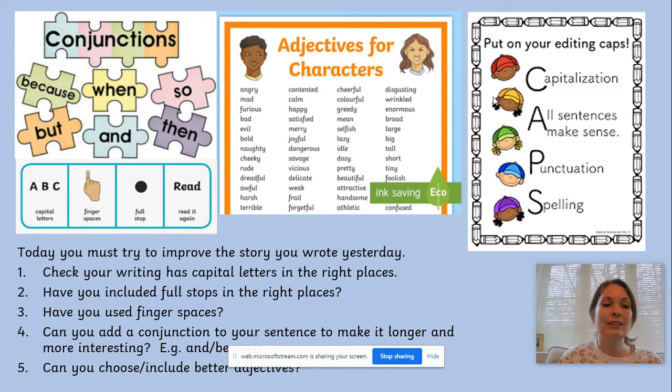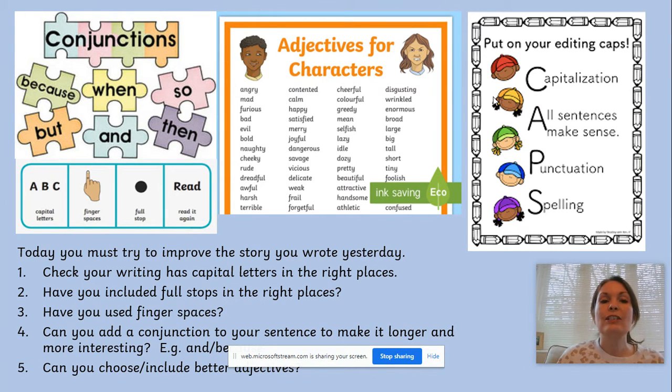Two, we're going to see, have you included full stops in the right places? Three, have you used finger spaces, left a little gap in between each word? Four, if you haven't, can you add a conjunction to your sentence to make it longer and more interesting?